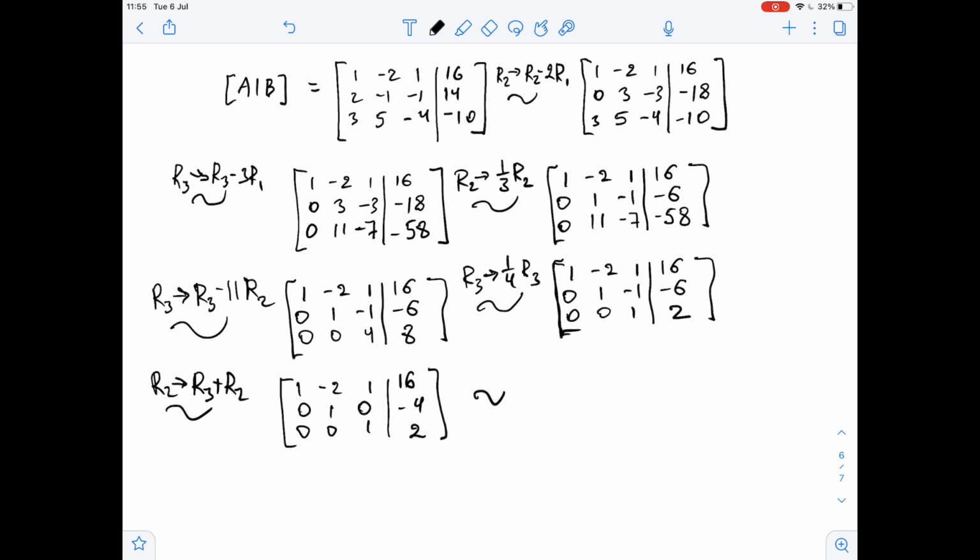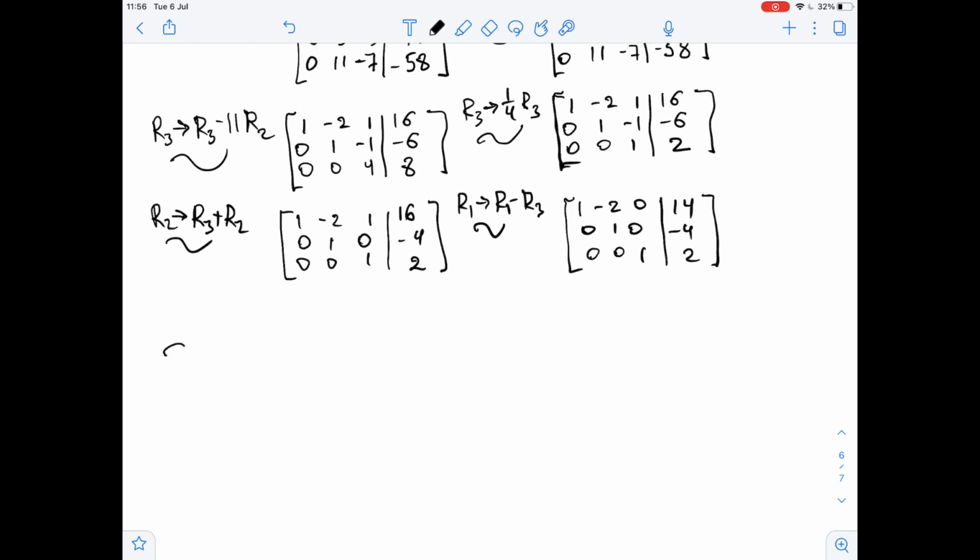Our next step is to subtract the third row from the first row. So row 1 becomes row 1 minus row 3. And we get 1, -2, 0, 14, 0, 1, 0, -4, 0, 0, 1, 2.